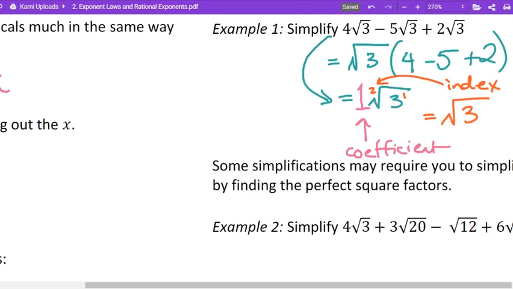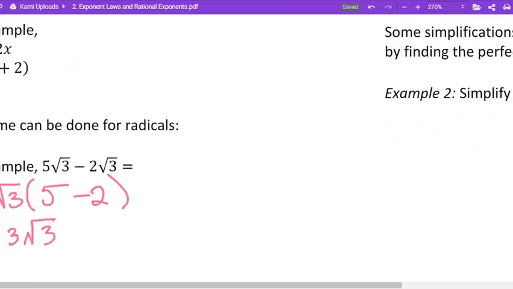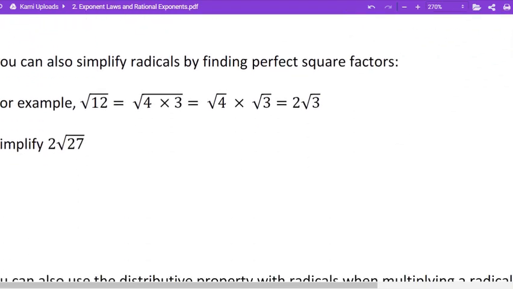All right. Now, before we do the second question, let's look at how we can simplify a radical by finding the perfect square factors. Before we do that, let's make a list of all the perfect squares we know. Square root of 1 equals 1.